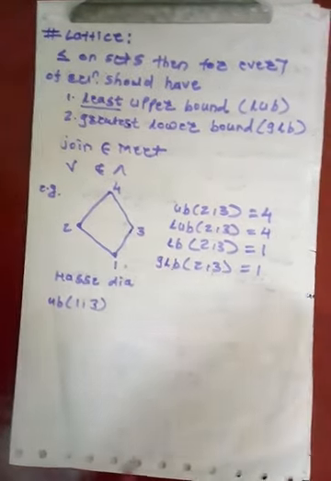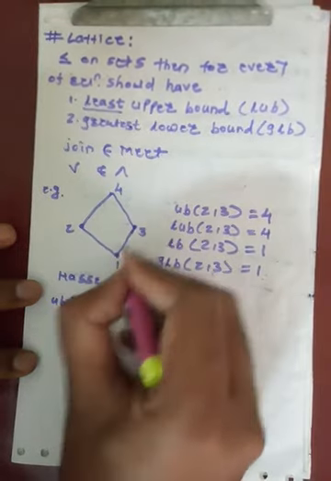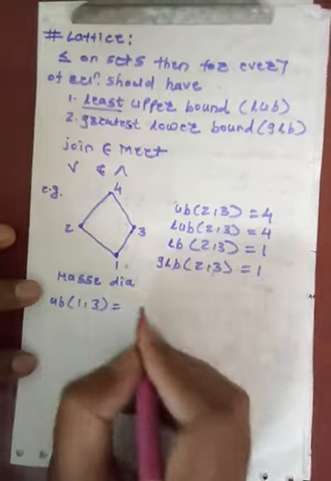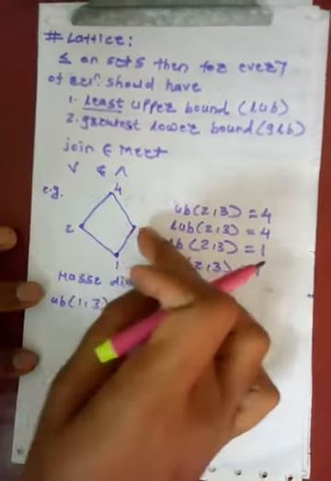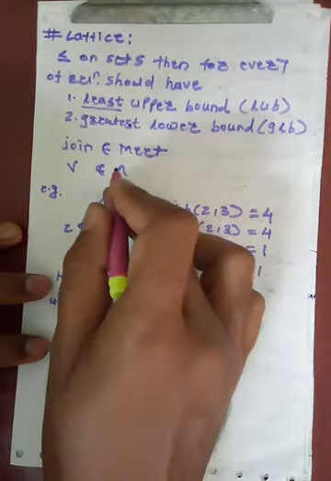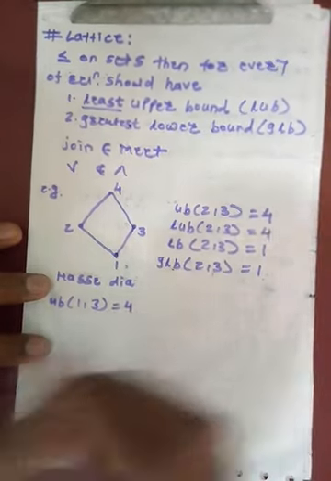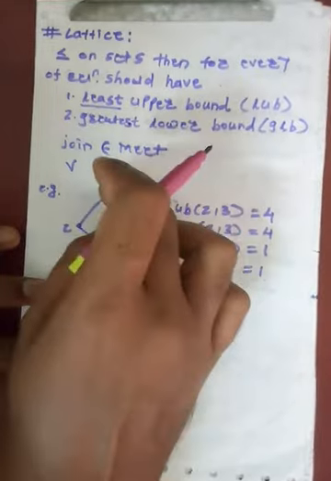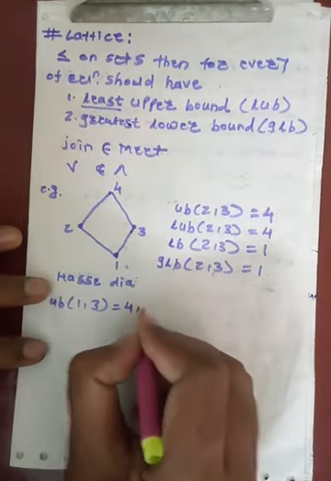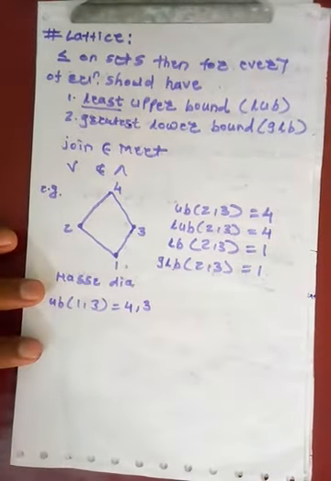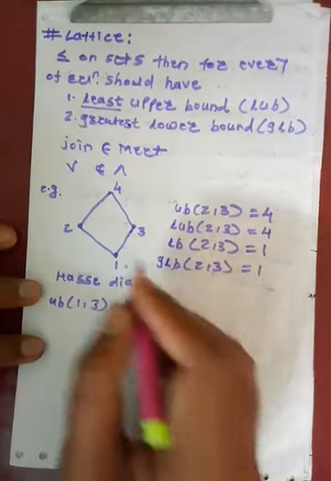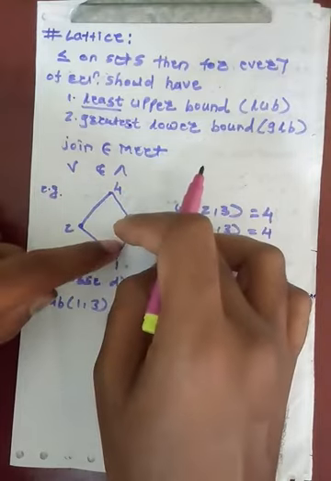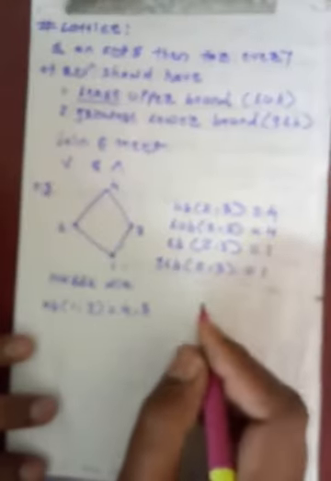If we consider 1, 3, the upper bound of 1, 3: here is 1 and here is 3. In that case 1 and 3 will meet at 4 and again at 3, right?